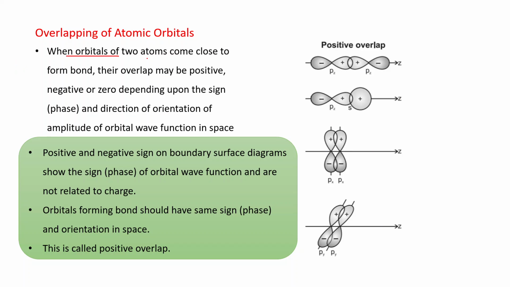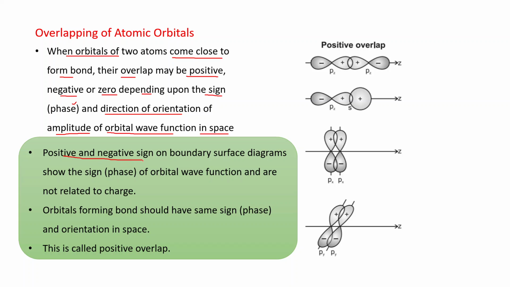When orbitals of two atoms come close to form a bond, their overlap may be positive, negative or zero, depending upon the sign and direction of orientation. Sign means the phase, and direction of orientation means the amplitude of the orbital wave function in space.